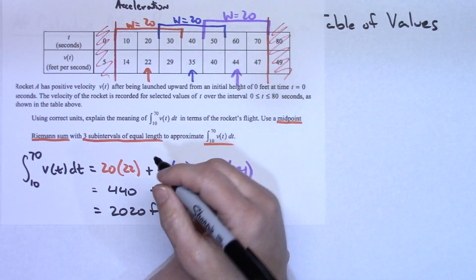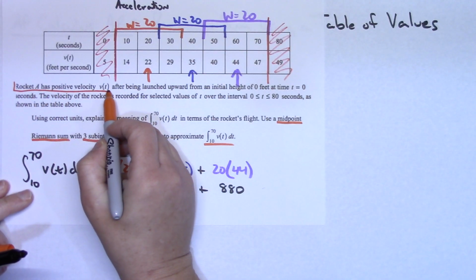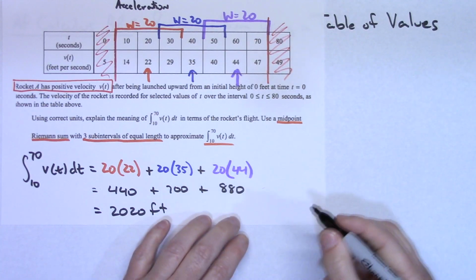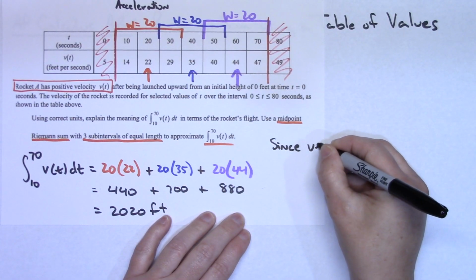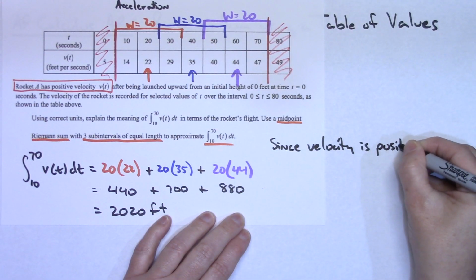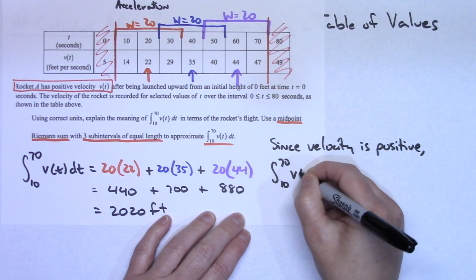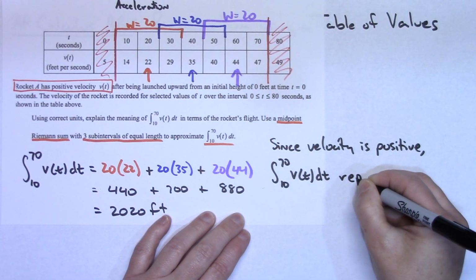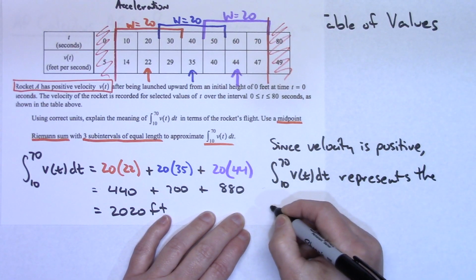Now it did say at the very beginning here, rocket A has a positive velocity, so it wouldn't hurt you at all to go ahead and put that in your explanation. So let's say since velocity is positive, the integral from 10 to 70 of v(t) dt represents, we talked about this at the very beginning of the video, the distance.